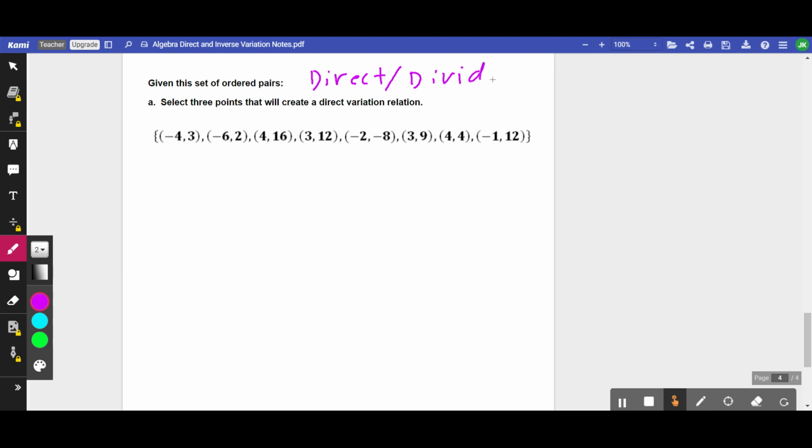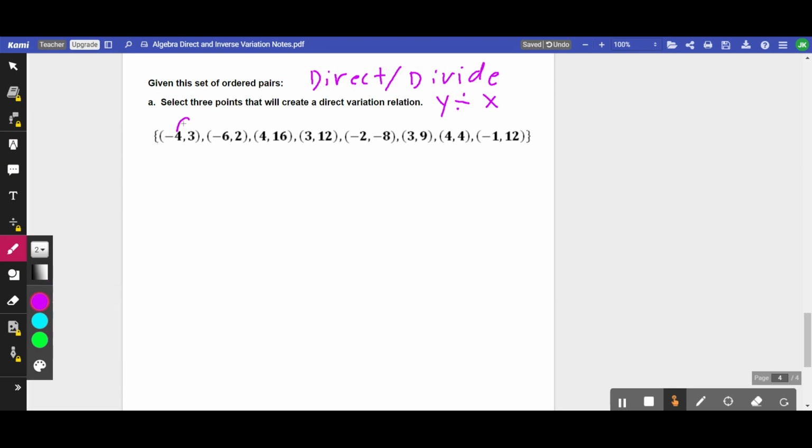Just make sure when you're doing them, you're dividing the y by the x each time instead of the other order. So pretty much for these, you're going to go through and divide the y by the x on each one.